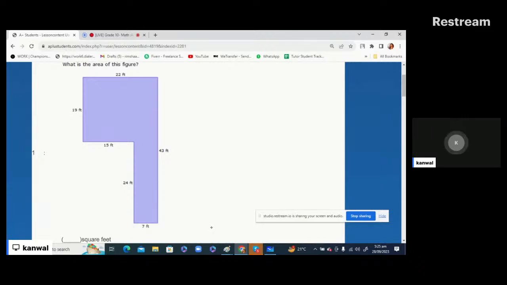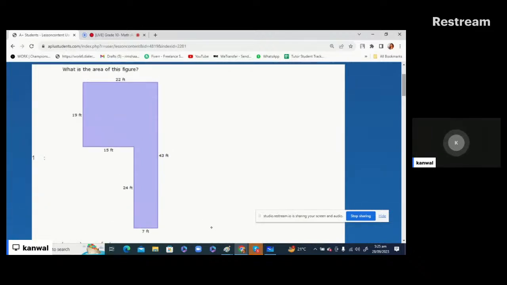These are complicated, but when you add these small lengths, it should be the same, like 22 feet: 15 plus 7, you add and get the answer 22. The total length of this figure is 43, but here the small lengths 24 and 19 are given. When you add them, you get 43.